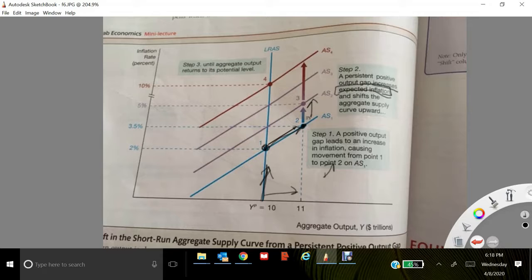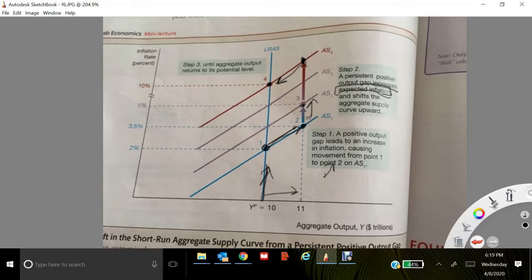to, say, AS2, and that will continue to occur as long as the output gap increases. Say it goes up to this level. As the output gap then decreases, we would move along this AS4 curve down to 0.4 there, okay?